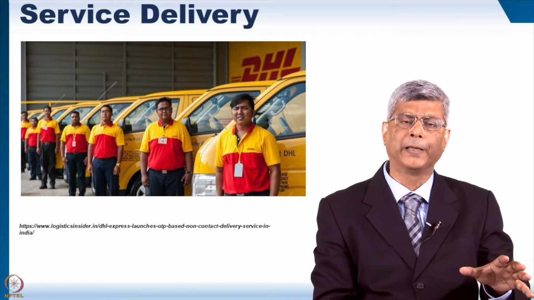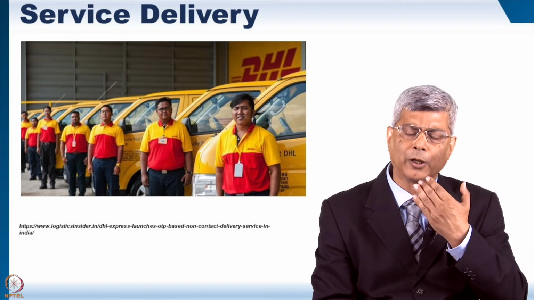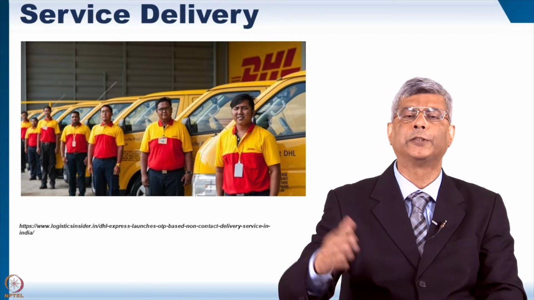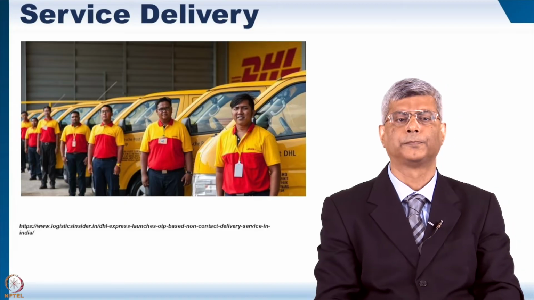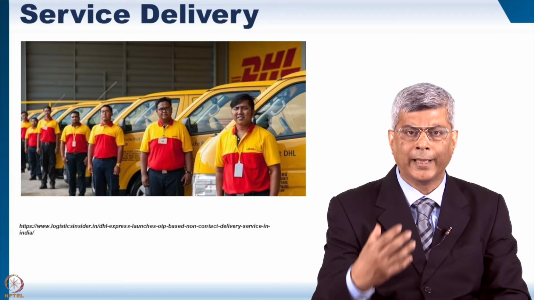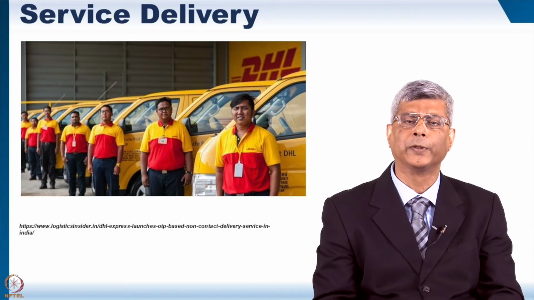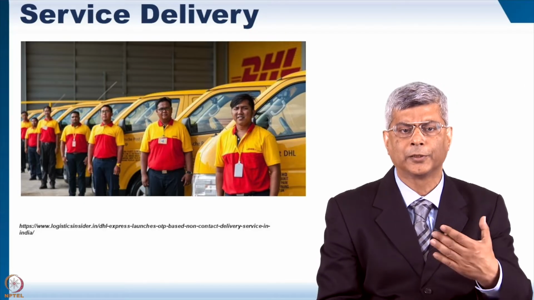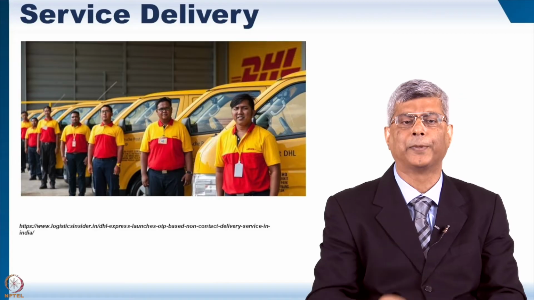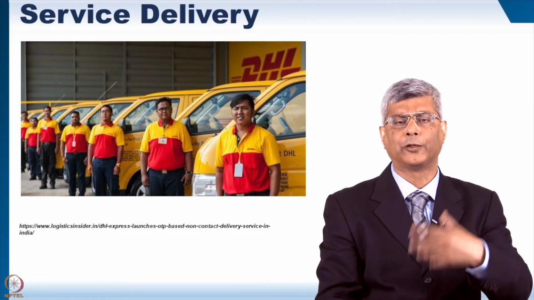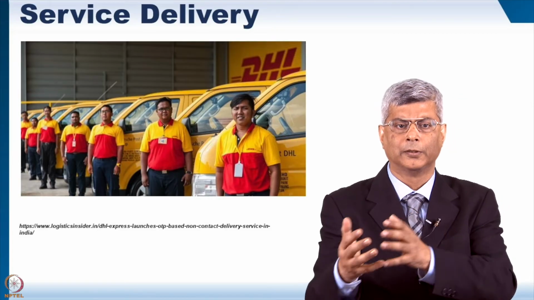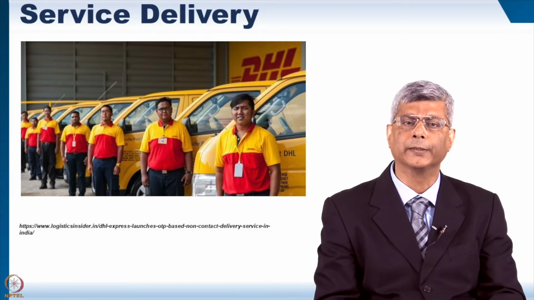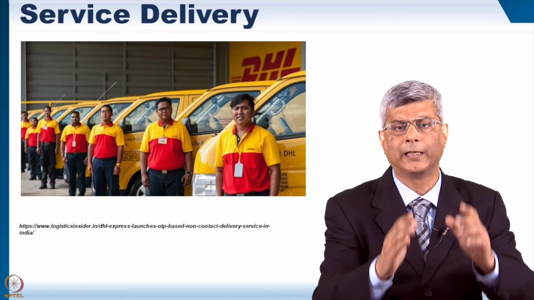So apart from the big planes, you also have a lot of people riding around in a lot of vans, which go house to house to house. And on any one day, these vans will probably be going to tens of millions of houses, delivering that parcel. That document, that small gift, that medicine, or whatever is important. So that's service delivery.